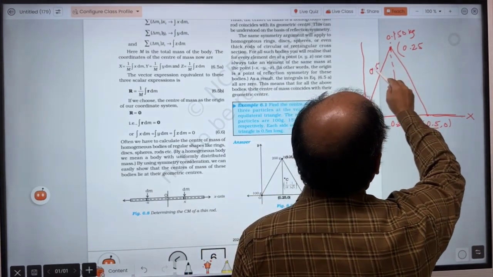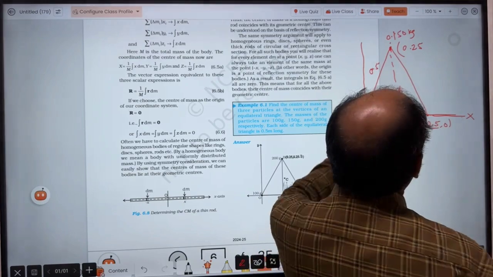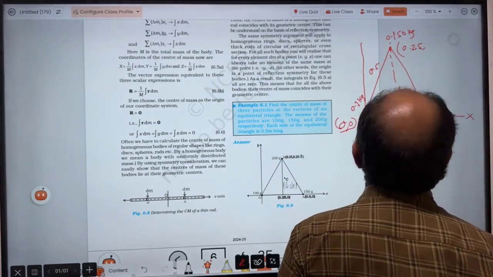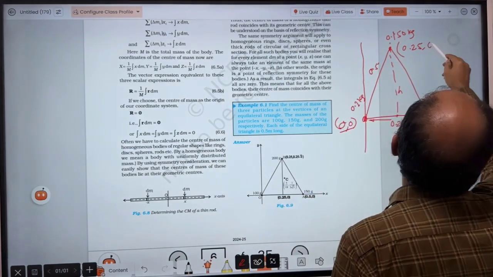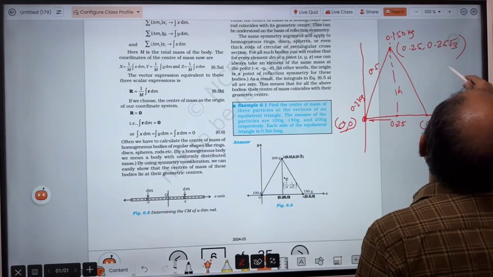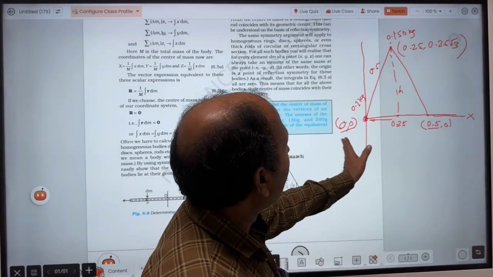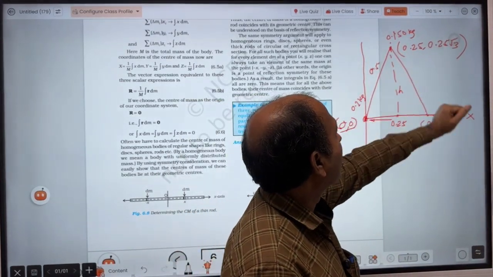This is 0.5, this is 0.25 up to here. So this h, if you find, then that will be the y coordinate. If you evaluate, that will come out to be 0.25 root 3. So you have got xy pair here, here also xy pair.